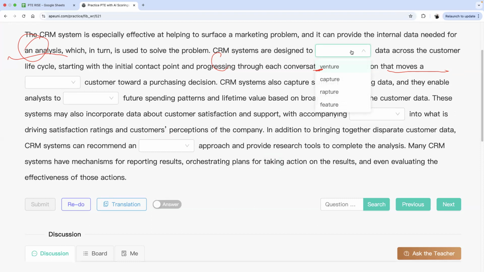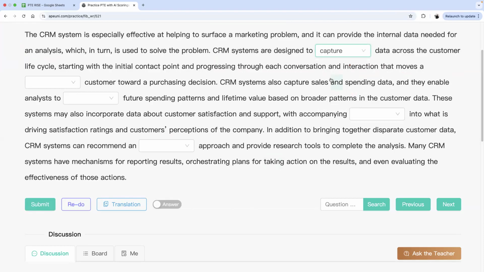To capture data, to feature data, to rapture data, to venture data. Which word do you think so? Which word do you know? Capture is the answer. Okay. Yeah. Go easy and go simple. Don't think why venture, why not this. Capture, say capture. We say capture data, like collect data.